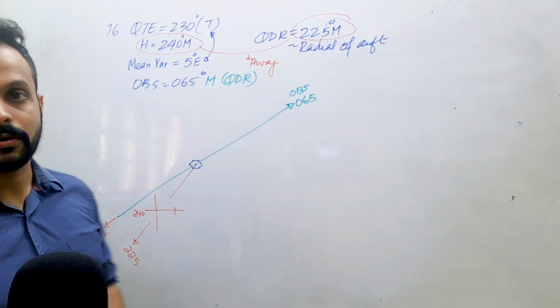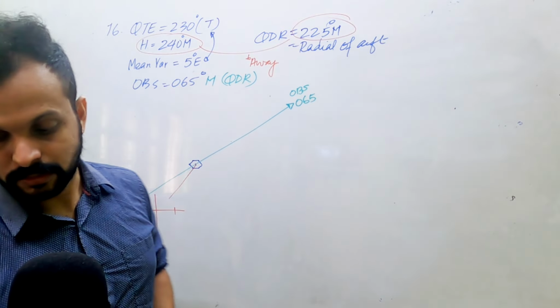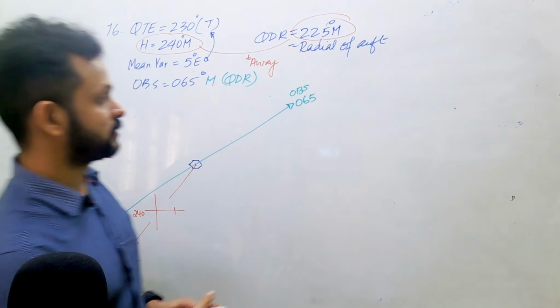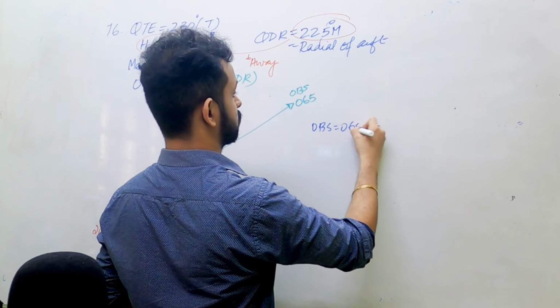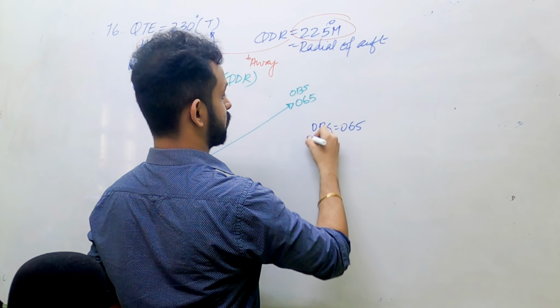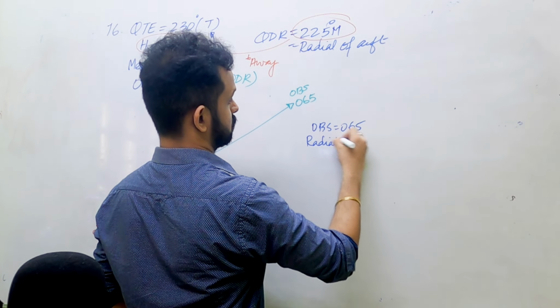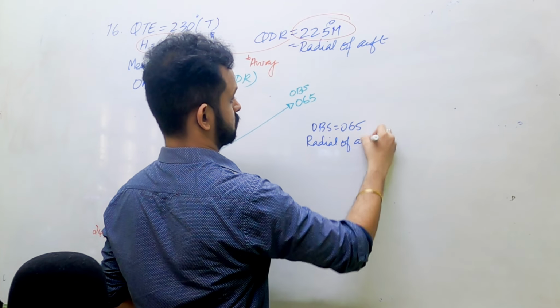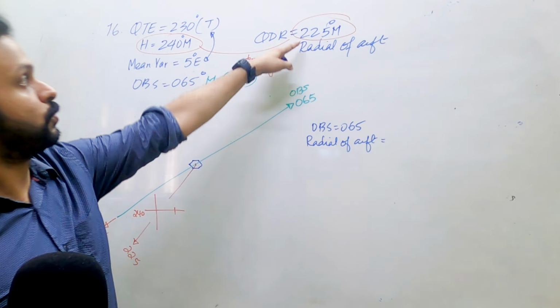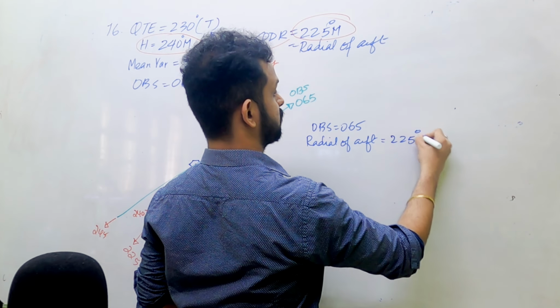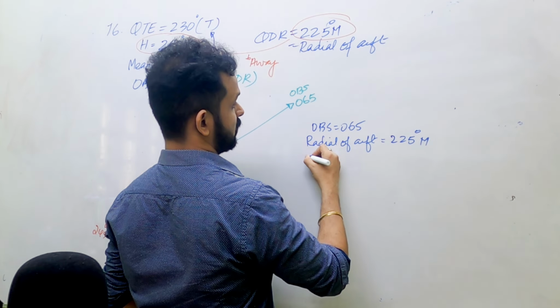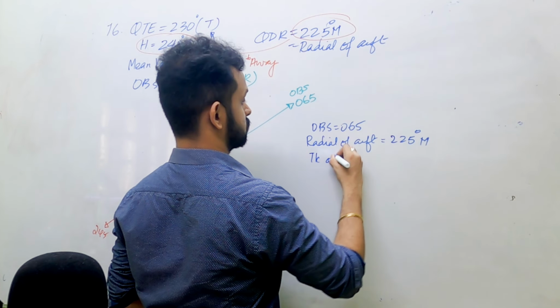We have almost everything that is required. So let's quickly find out one by one. What is the OBS radial? 065. What is the radial of the aircraft? 225, followed from the QTE and variation, which is 225 degrees magnetic. What is the track of the aircraft?